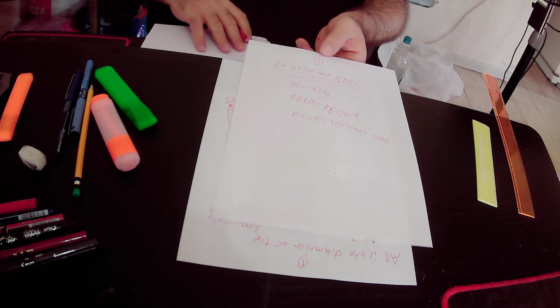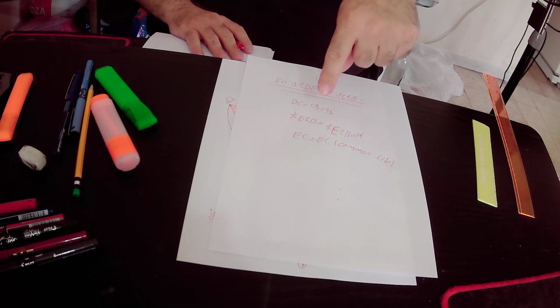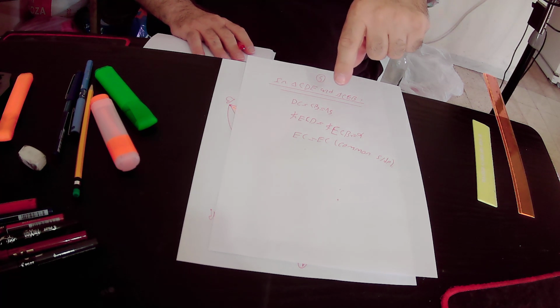So we actually proved that two sides and the angle included of the green triangle are equal to two sides and the angle included of the orange triangle.